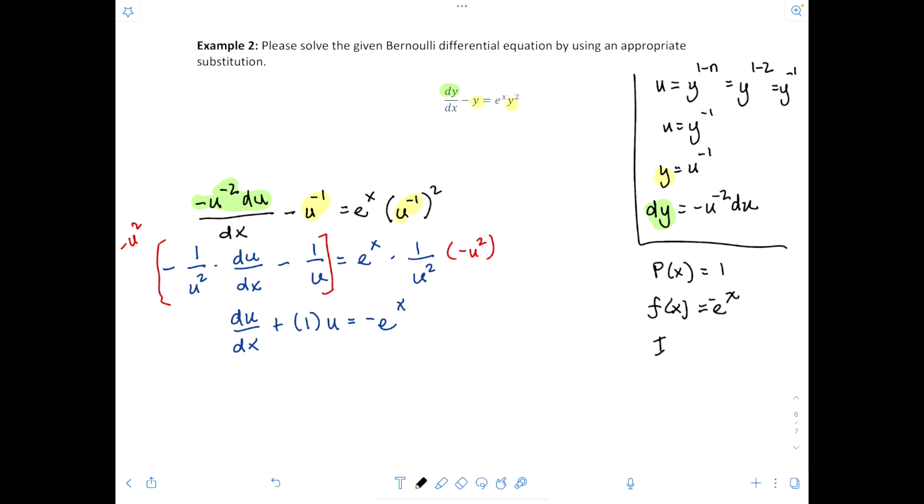My integrating factor will be e to the integral of 1 dx, which is just e to the x. Cool?